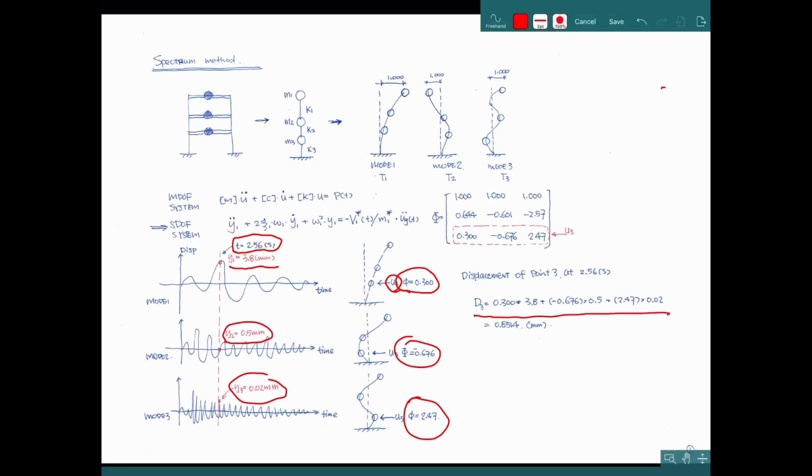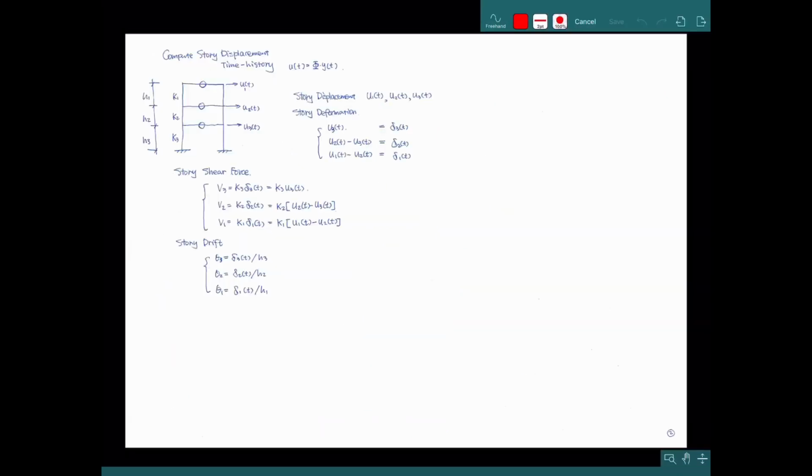We capture the displacement at the exact moment of 2.56 seconds, which is 0.85 millimeter. And this is the detailed calculation of the displacement. So if we need to capture all the time history data of the displacement, each time step you need to calculate by this equation. Okay, we can see the next page.